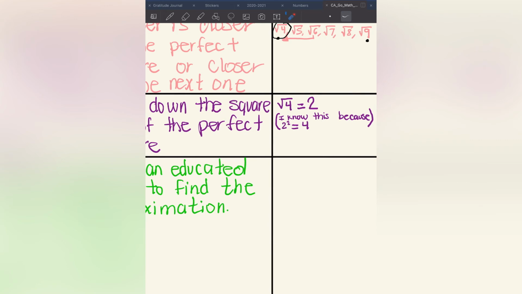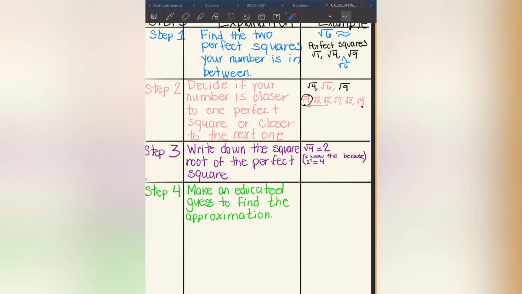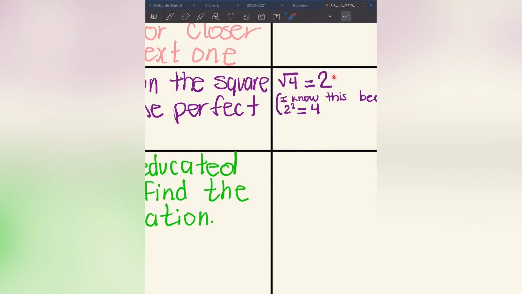So we need to find an educated guess. An educated guess in this case means using 2 because we know the square root of 4 is 2. And it's a decimal, so I'm going to go with 2.3 and see where that gets us. 2.3 squared means that I have to multiply 2.3 times itself and see what decimal that gives me.